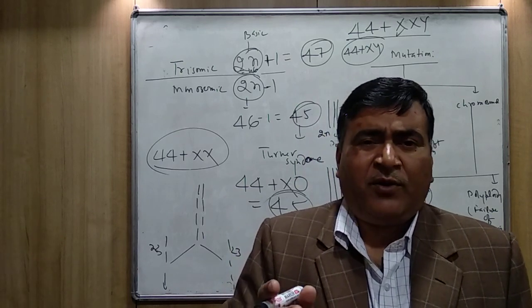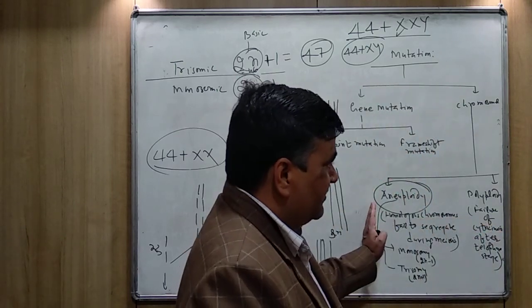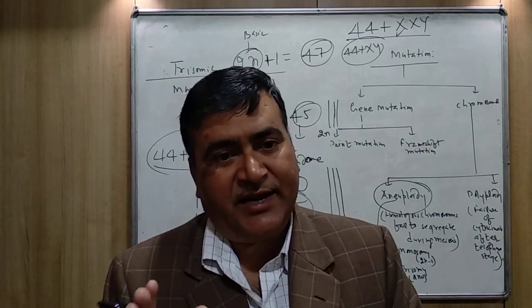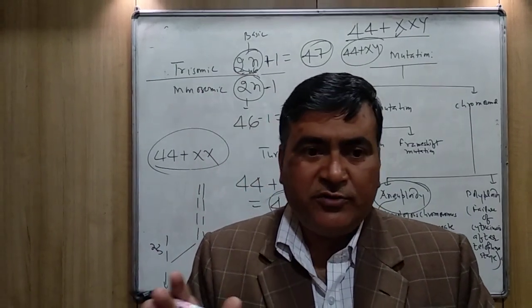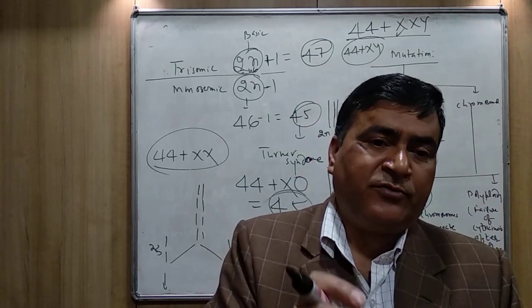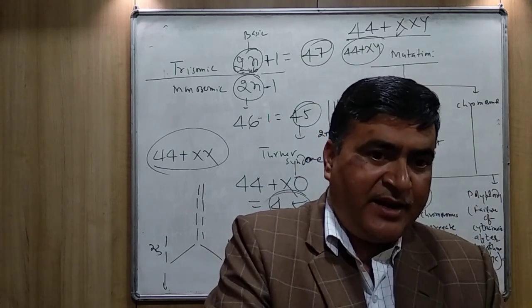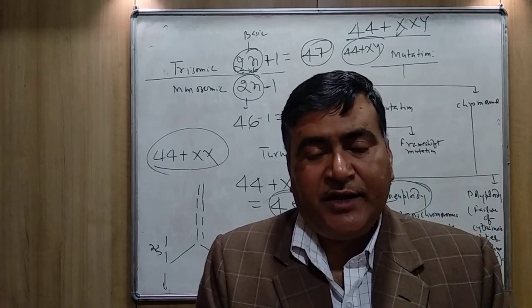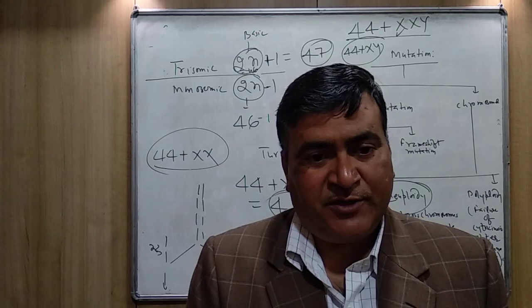But what differences are there between aneuploidy and polyploidy once again? In aneuploidy, the whole set is not going to be changed. Just 1 or 2 chromosomes are going to be added or deleted from the basic set of chromosomes.